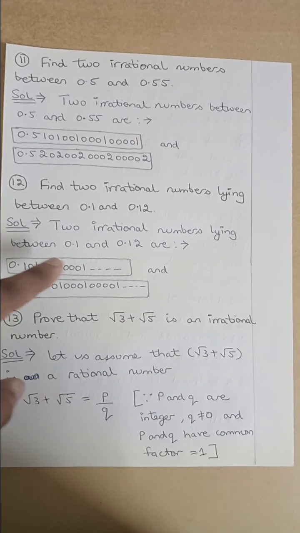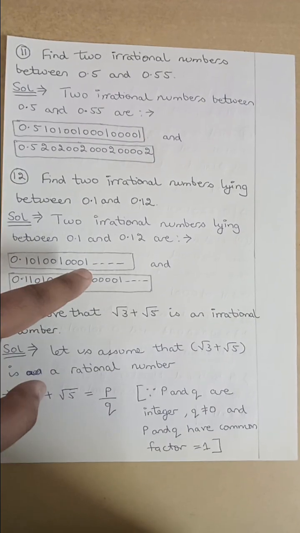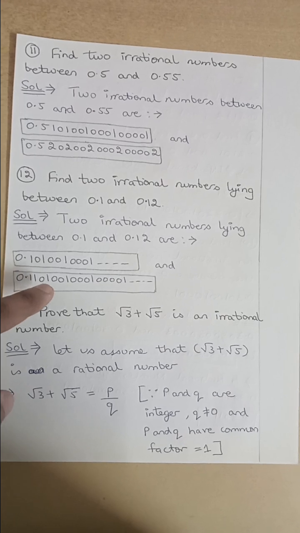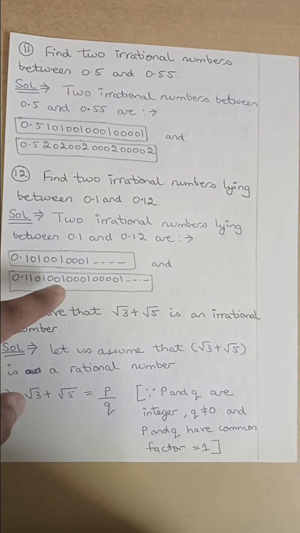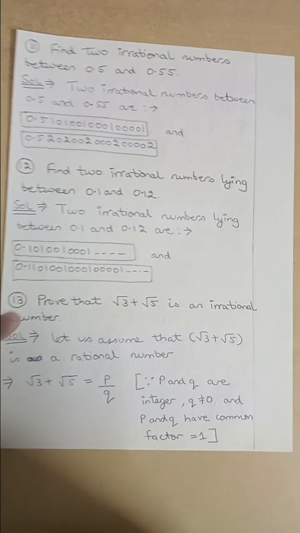So two irrational numbers lying between 0.1 and 0.12 are 0.10, 100, 1, triple 0 1, and 0.1101, double 0 1, triple 0 1, and so on.